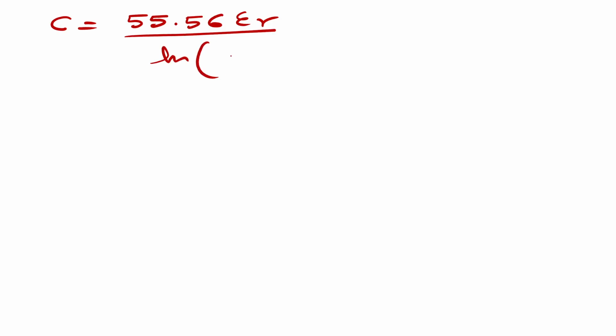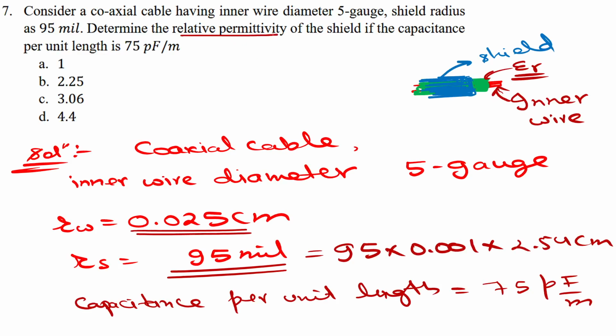We know for a coaxial cable the capacitance per unit length is given by 55.56 epsilon r divided by ln Rs by Rw, where Rs is the radius of the shield and Rw is the radius of the inner wire. In the problem, C is given, and epsilon r, the relative permittivity, is what we have to find.